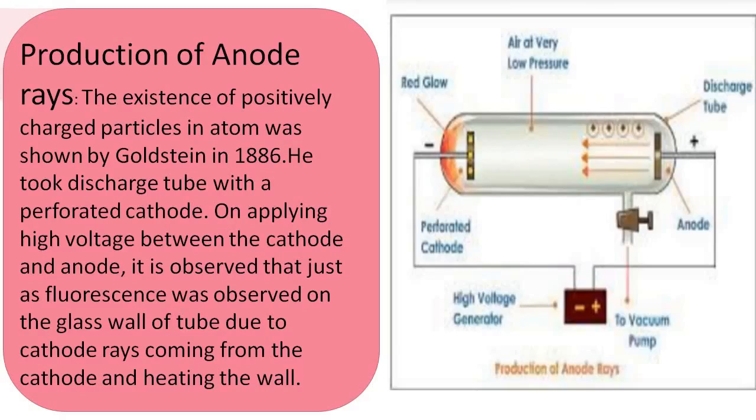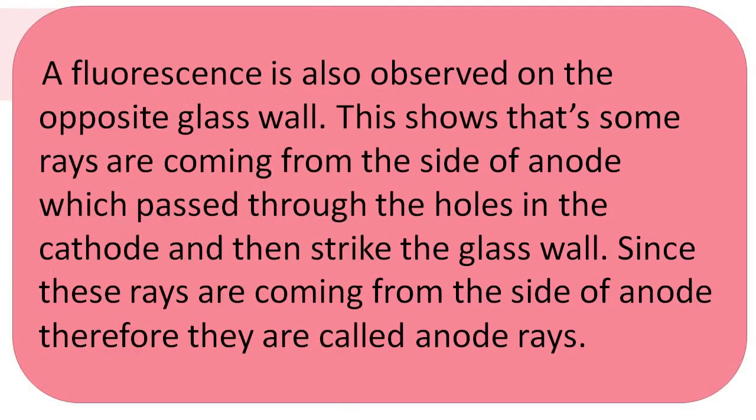Production of anode rays. The existence of positively charged particles in an atom was shown by Goldstein in 1886. He took a discharge tube with a perforated cathode. On applying high voltage between the cathode and anode, it is observed that just as fluorescence was observed on the glass wall of the tube due to cathode rays coming from the cathode and hitting the wall, a fluorescence is also observed on the opposite glass wall.